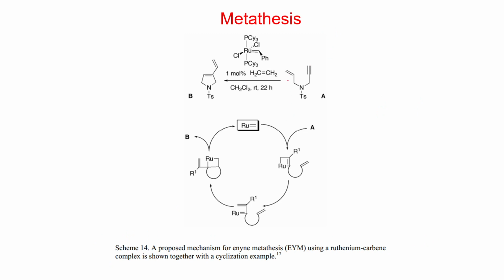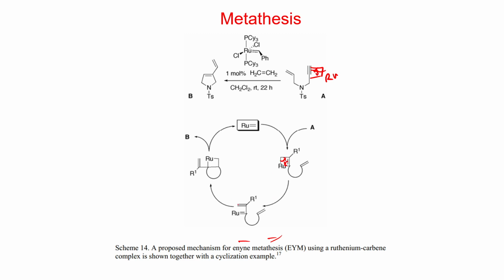Now it is for enyne metathesis. That also can be done with the ruthenium catalyst, and enyne metathesis can happen like this. At first, the alkyne would be activated like this. That way it would lead to this product now.